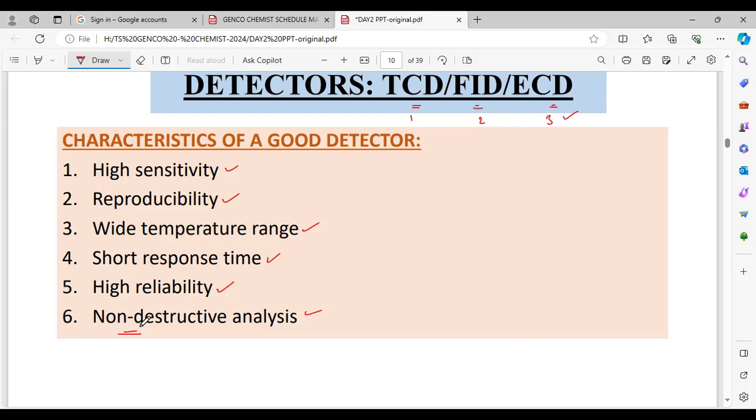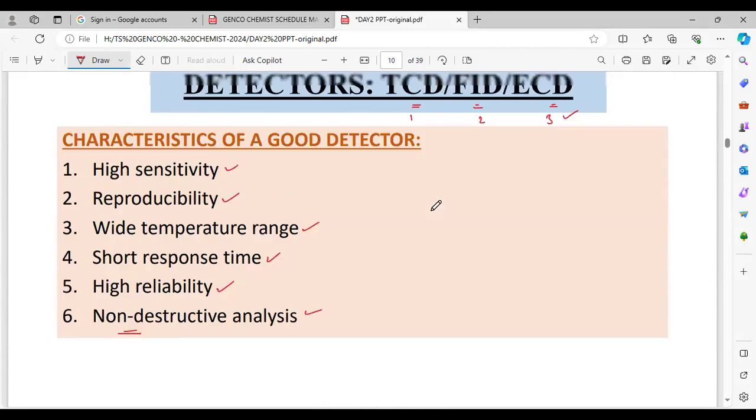So the sample should not get disturbed. The sample should retain its original structure. Then only will the output match your expectations, right? After dissociating or destroying the sample, there is no point in taking the chromatograph, right? So these are the good characteristics of a detector, okay?